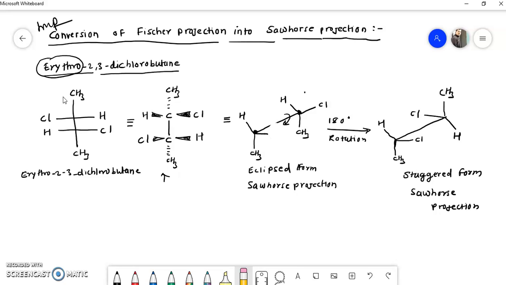Now here will be the hydrogen, and here will be the chlorine.